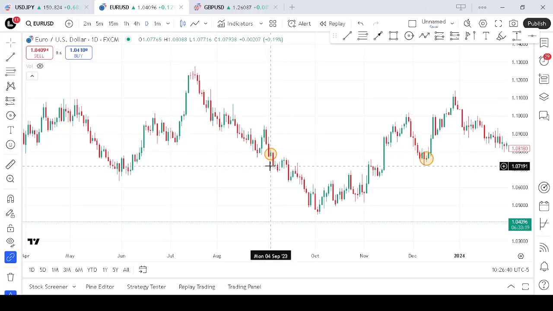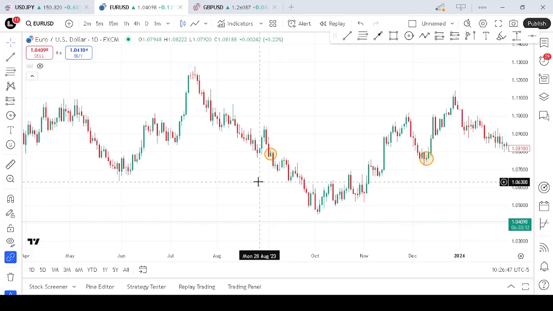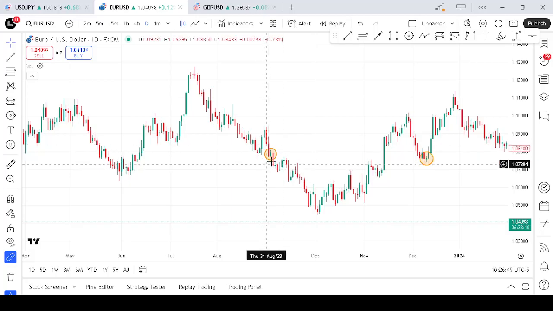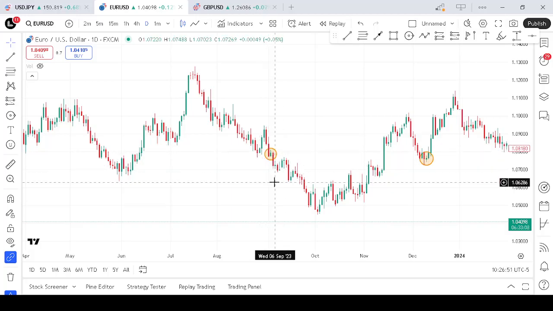Let's assume the previous day candle is smaller and is totally engulfed in the current one. That is what it means. So this is an example of a bearish outside day candle.